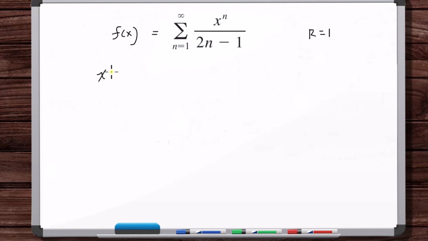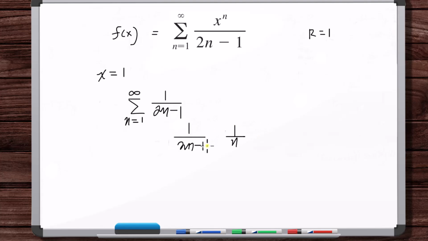Okay, when x is equal to 1, we've got what? Now, this is like the harmonic series. We can use a comparison test here. So this should be divergent. So 1 over n, how does that compare to 1 over 2n minus 1?